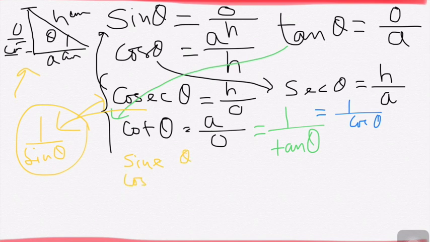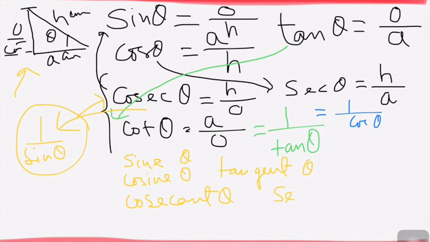Cos theta is written as cosine theta. Tan is called tangent, and cosec is written as cosecant theta.